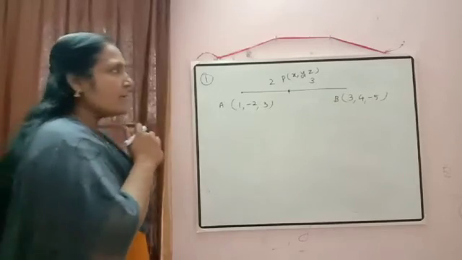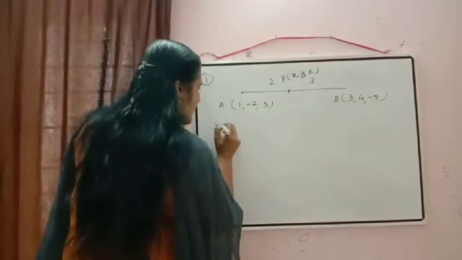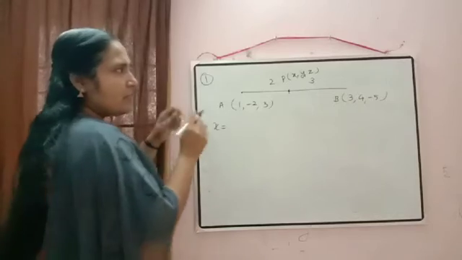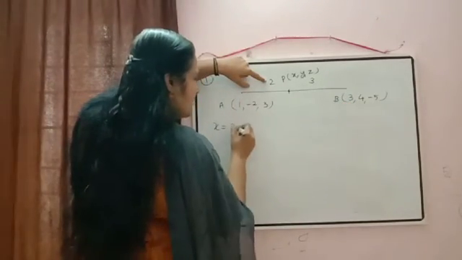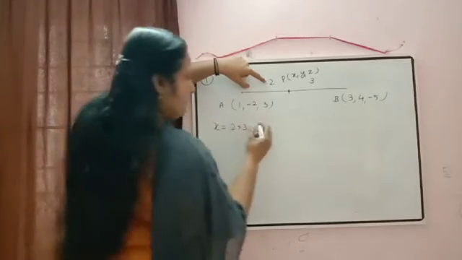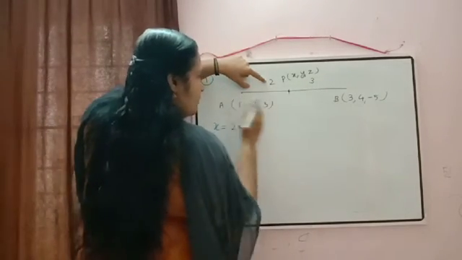Now we can calculate the x coordinate of P. According to the formula, m1 into x2, so it will be equal to (2 into 3 plus 3 into 1) by (2 plus 3).